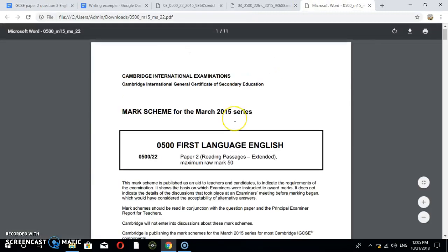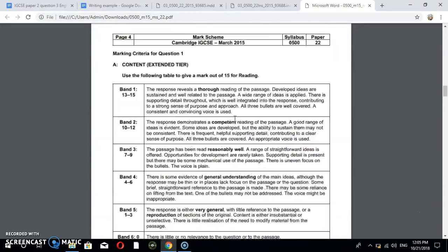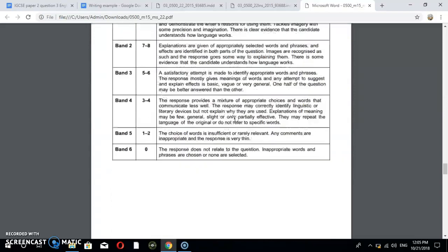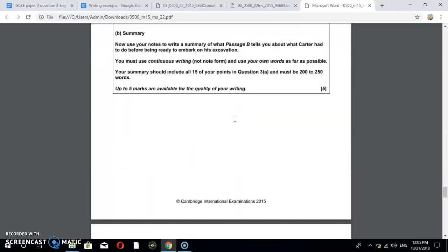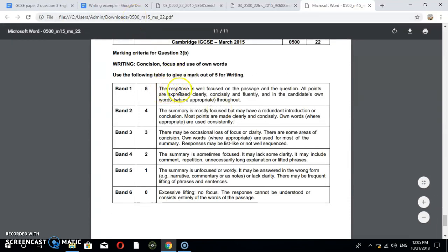So let's go to the mark scheme in particular. It says, scroll down, you have to scroll down more. Here, right here. The response is well focused on the passage and the question. All points are expressed clearly, concisely, and fluently, and in the candidate's own words.